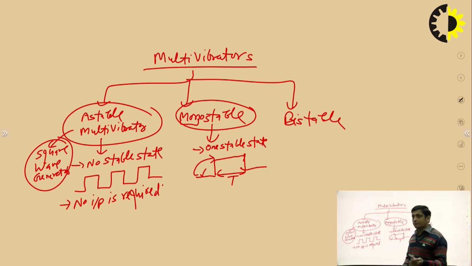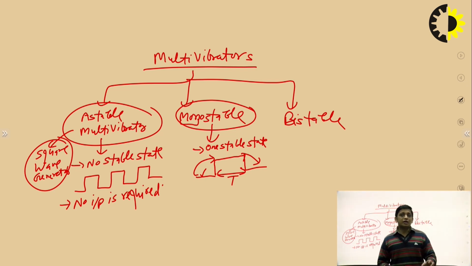It means that it automatically comes to its stable state. Here logic 0 is the stable state, but logic 1 is not stable, because the output of the multivibrator remains in logic 1 only for a particular time, and after that it comes to its stable state. So the function of the monostable multivibrator is to generate a pulse of a particular duration.